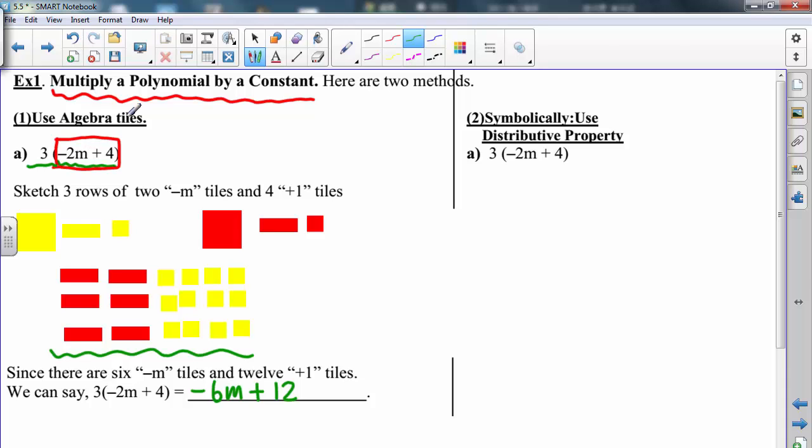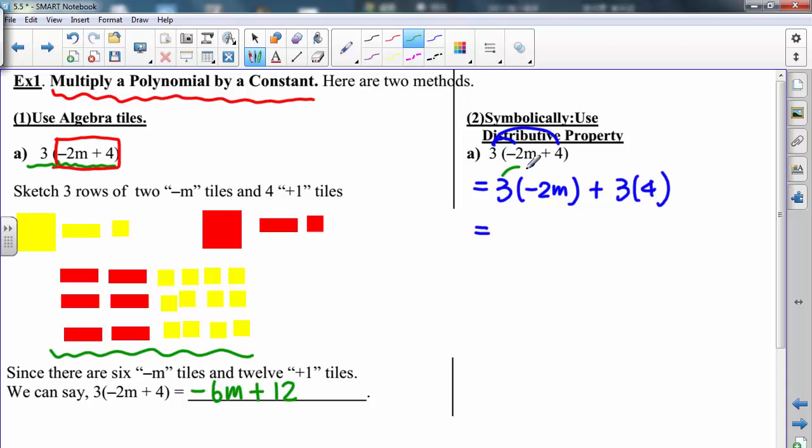Let's look at how we can solve this one symbolically. If we want to solve this one symbolically, we multiply this constant by each term in the brackets, which is the distributive property. So I use 3 times the first term, negative 2m, and 3 times the second term, 4, in the brackets. 3 times negative 2m is a constant times a monomial.